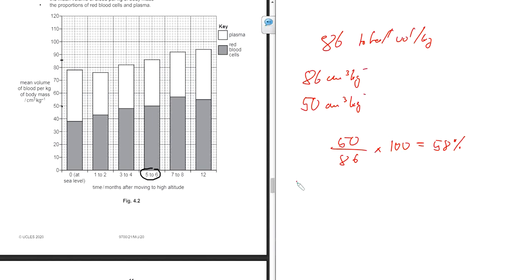We can see that we have a general trend, which is an increase in blood volume per kilogram body mass.